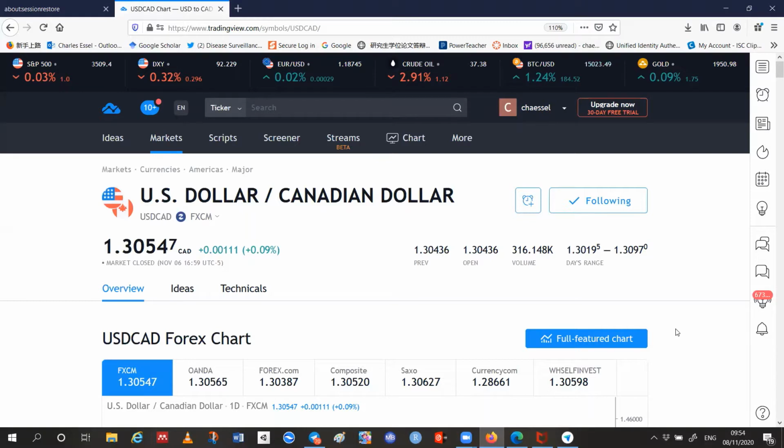So it's one of the biggest markets that you can have on the planet. There are many other markets, and all that we do is we have traders buying and selling currencies and creating the demand and supply for those currencies.